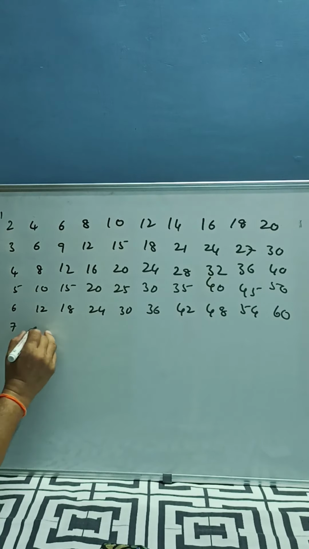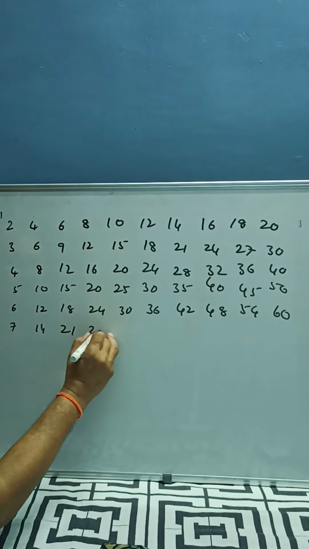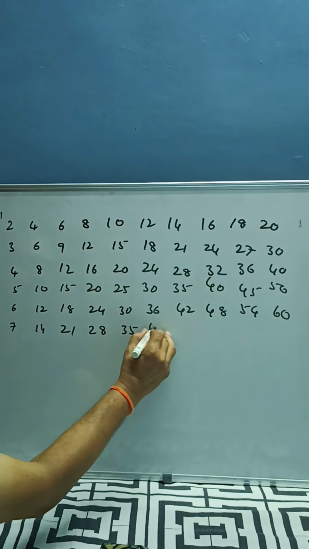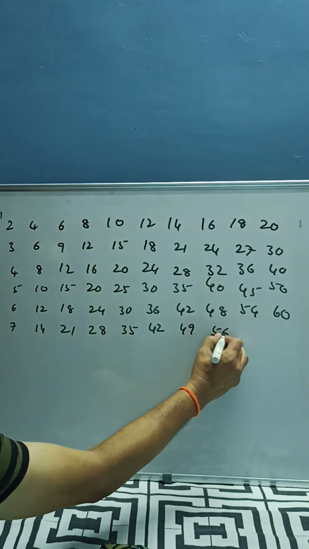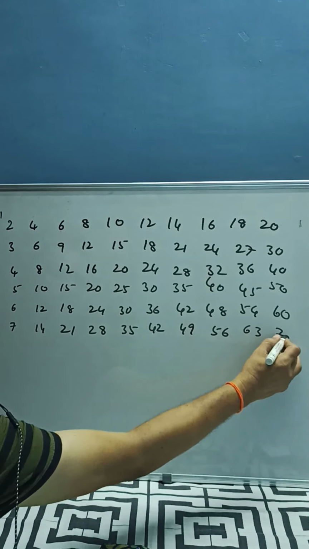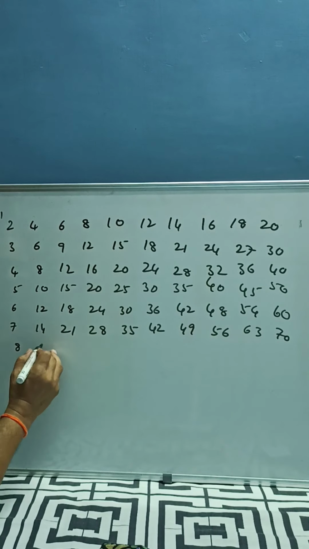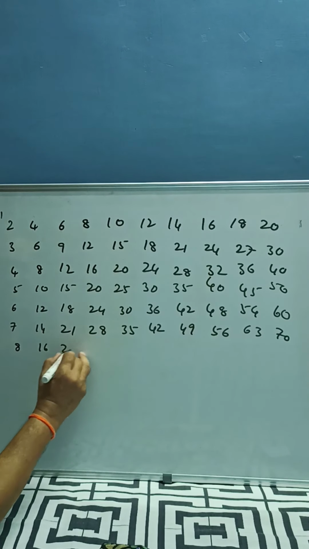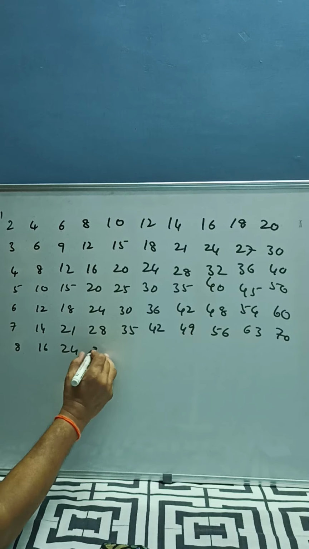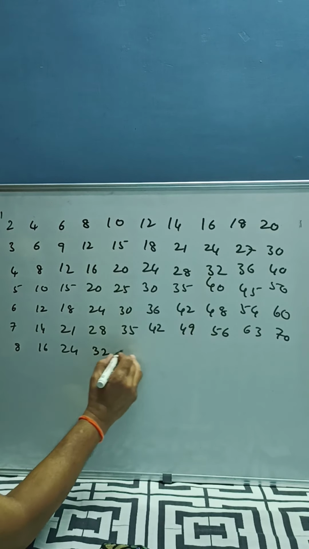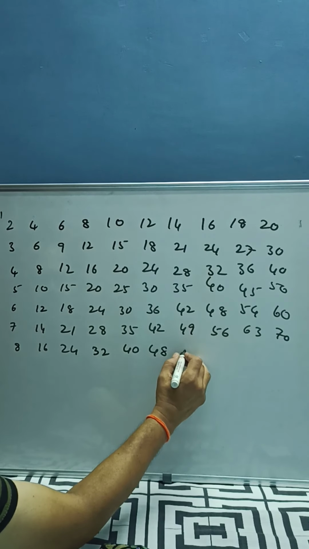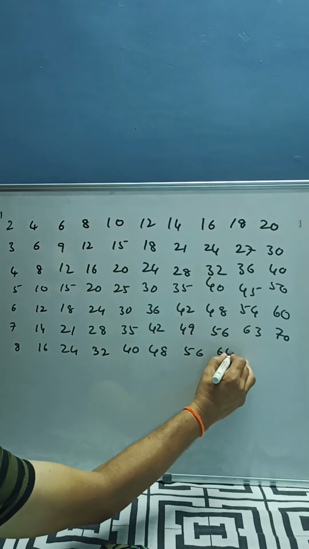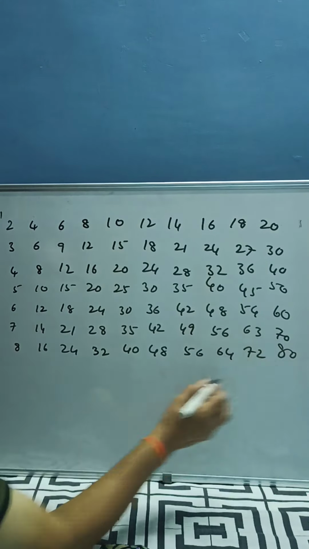Seventh table, 7, 14, 21, 28, 35, 42, 49, 56, 63, 70. Eighth table, 8, 16, 24, 32, 40, 48, 56, 64, 72, 80.